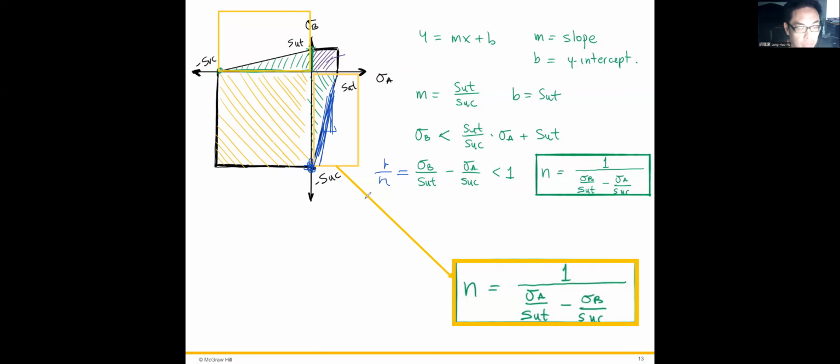Basically, we just exchange sigma A and sigma B. In the second quadrant it is sigma B, and in the fourth quadrant we just change to sigma A. You can play with the math by yourself. It's not difficult.